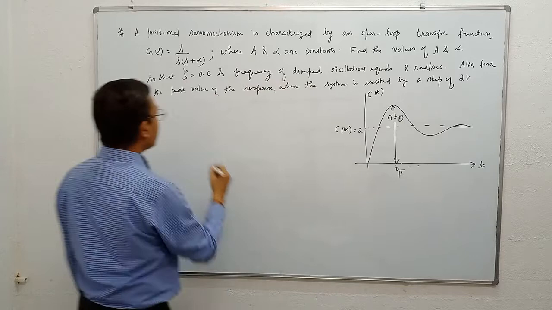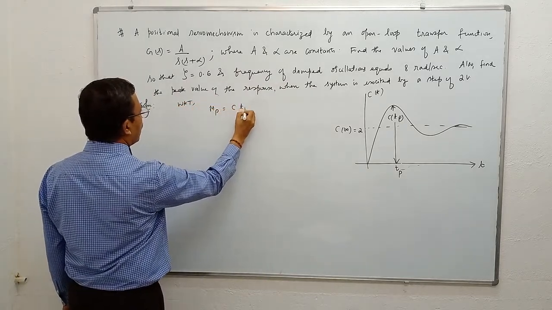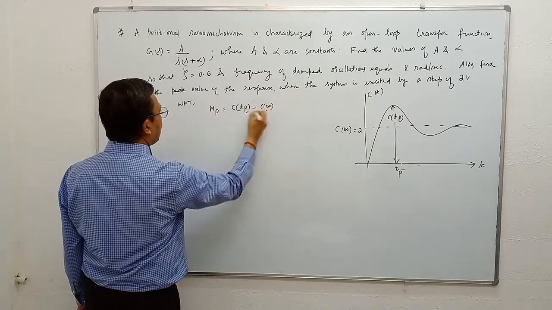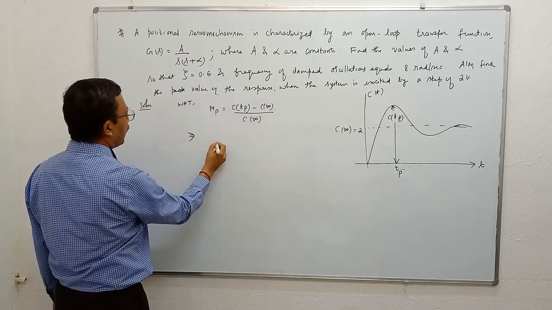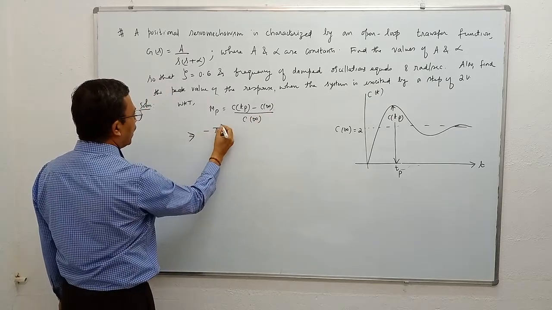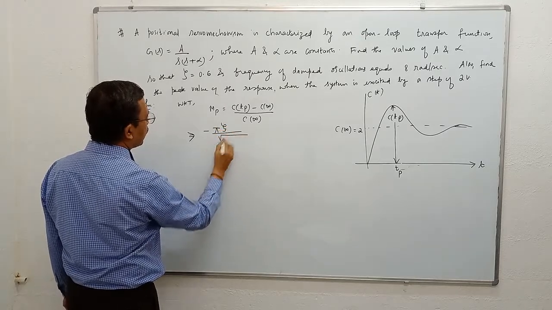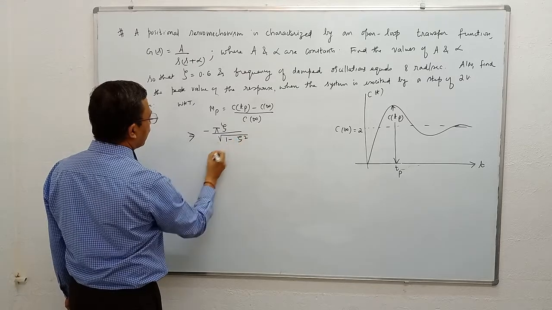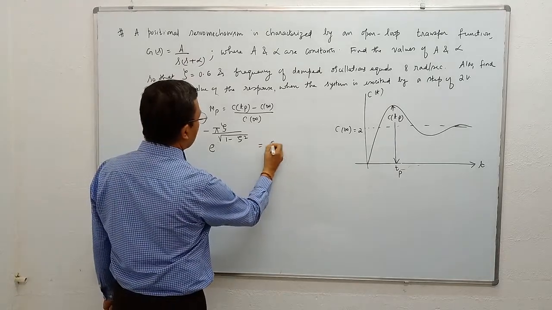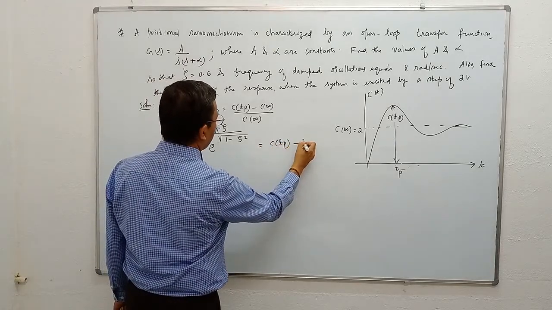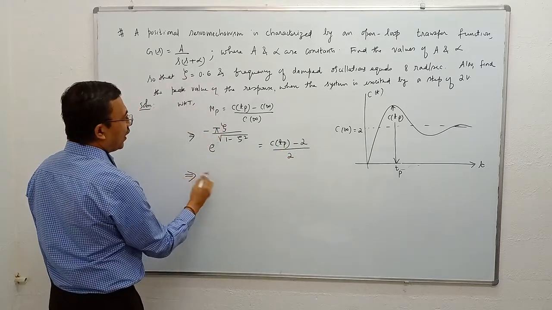What is MP? We know that MP is equal to C of Tp minus C of infinity divided by C of infinity. What is the formula for MP? E to the power minus pi into zeta divided by square root of 1 minus zeta square. This is the expression for MP is equal to C of Tp minus 2 divided by 2. Cross multiply and adjust.